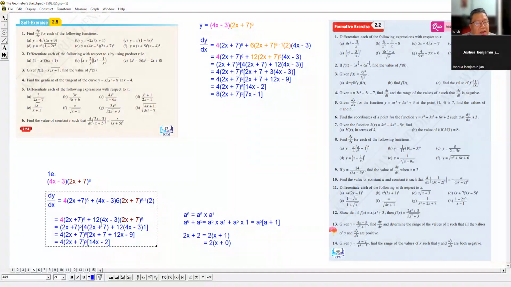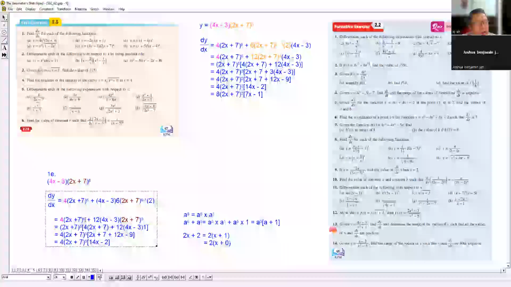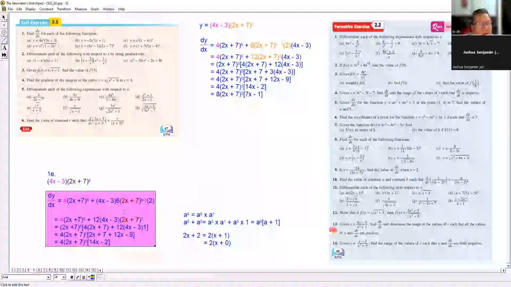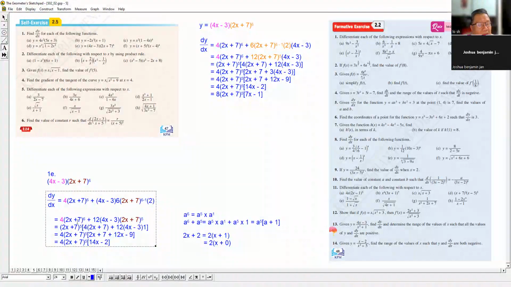But again, there is a common factor between the front here and the behind here. The common factor is 2x plus 7 raised to the power of 6 and 2x plus 7 raised to the power of 5. So which one is smaller, 6 or 5?